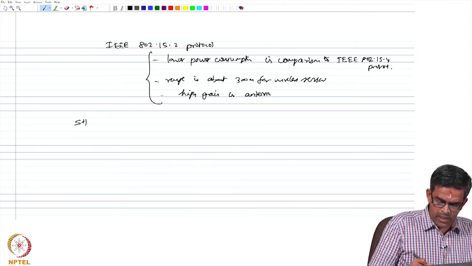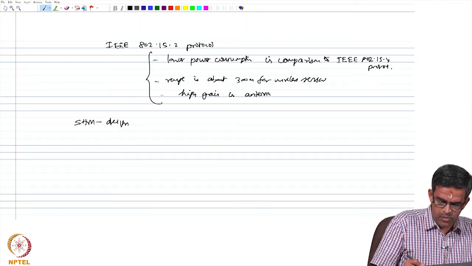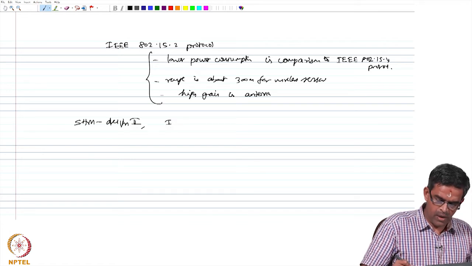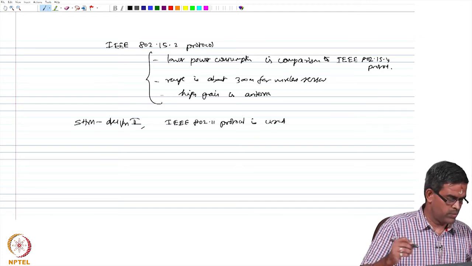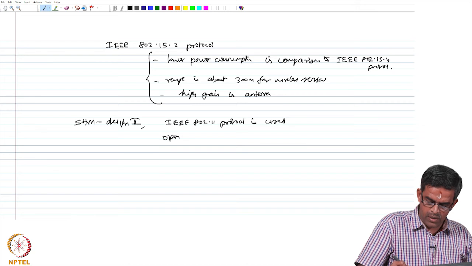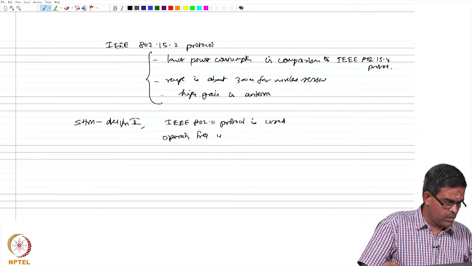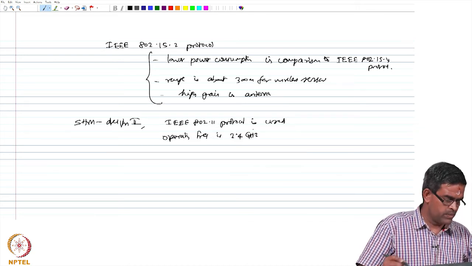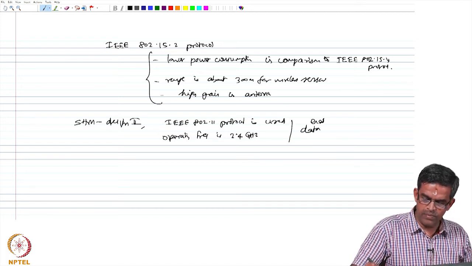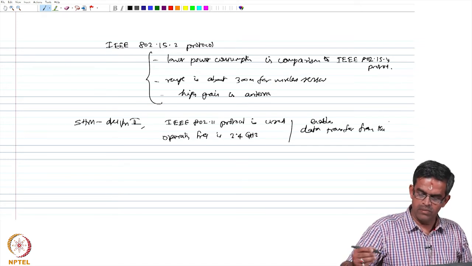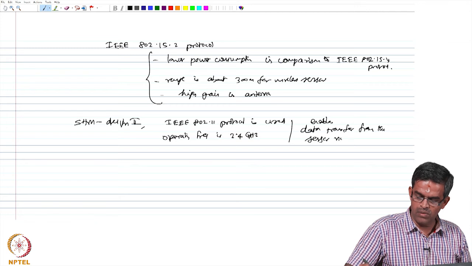Now, in SHM design 2, which we are discussing currently, the IEEE 802.11 protocol is used. The operating frequency is 2.4 gigahertz. This enables the data transfer from the sensor nodes to the base station.